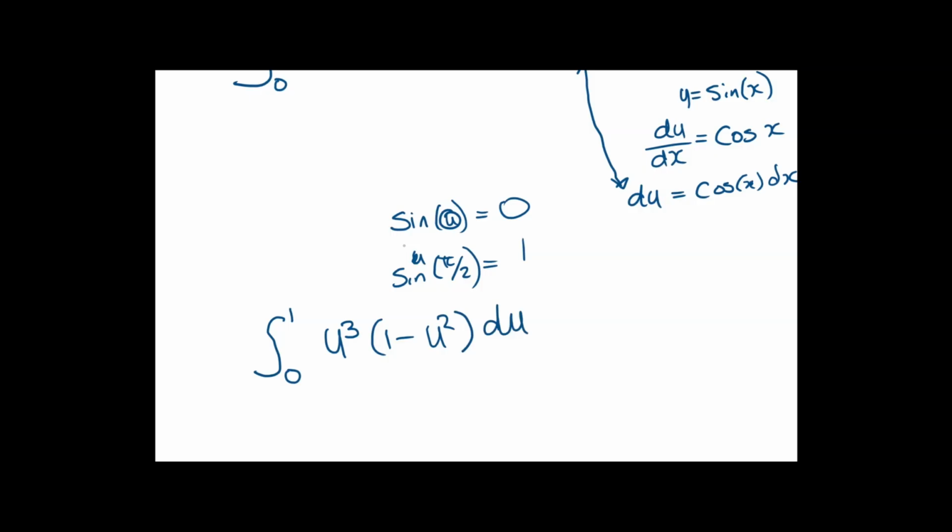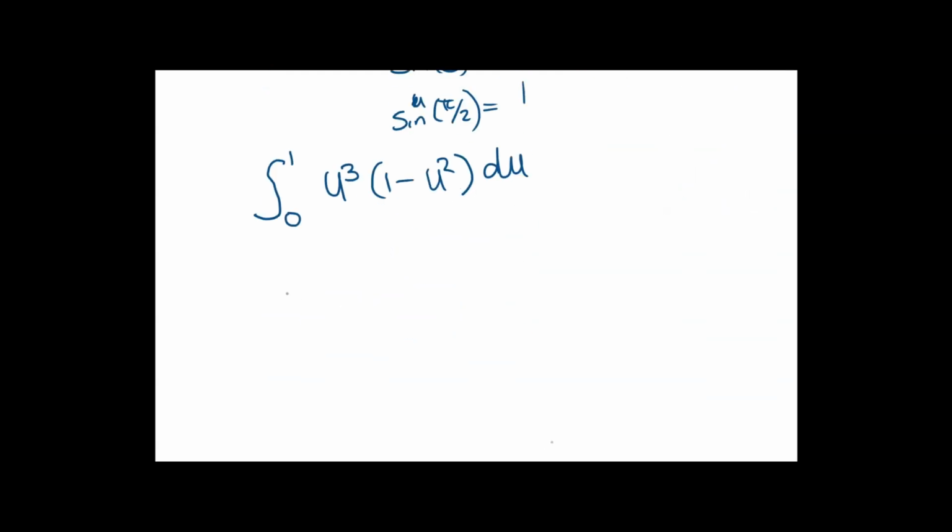All the signs changed, and now we're good to go. So let's expand that bracket. So from 0 to 1, u cubed minus u to the fifth. Get rid of all those brackets.